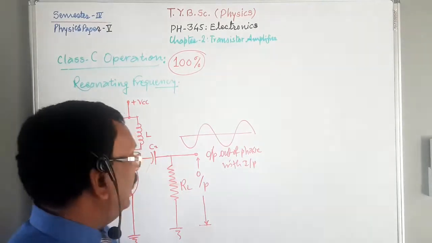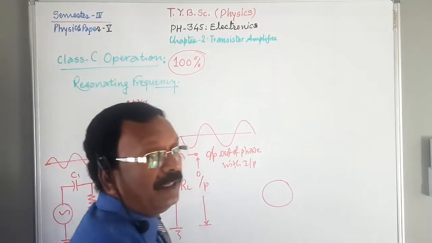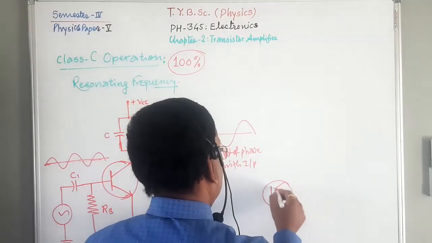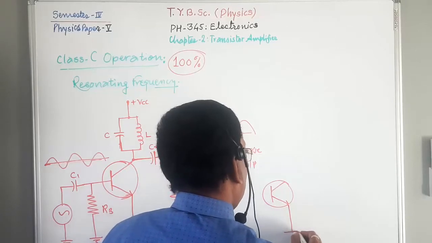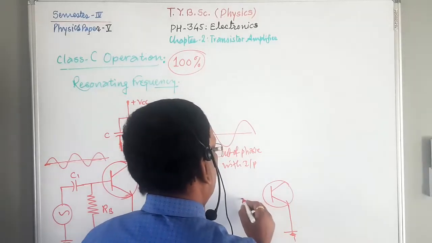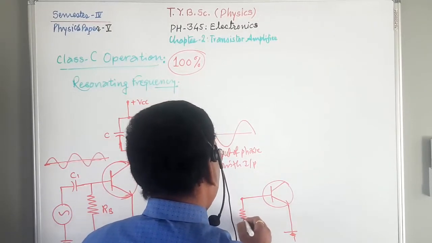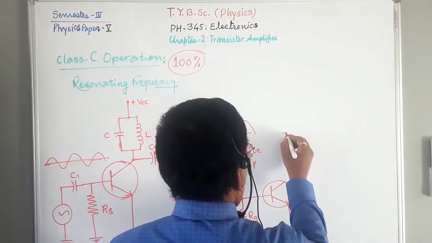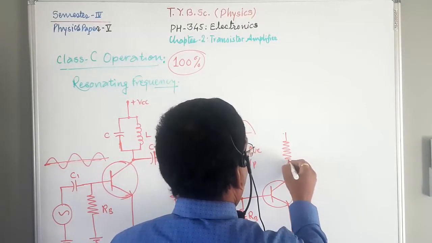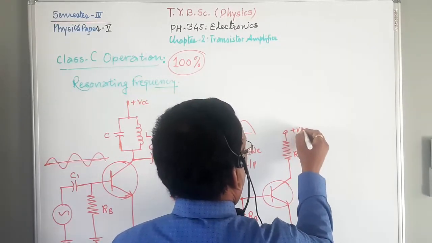Now this is the equivalent circuit. In the equivalent circuit, again the emitter is connected directly to the ground. This is the base, and only the base resistor RB is connected between base and ground, and there is RS, the source resistor, plus VCC.